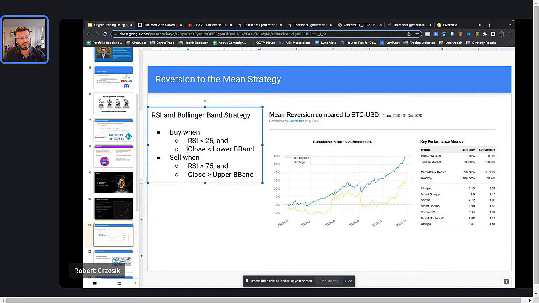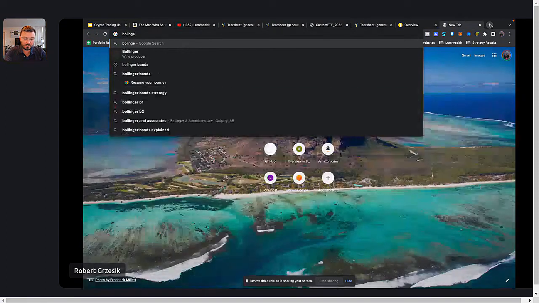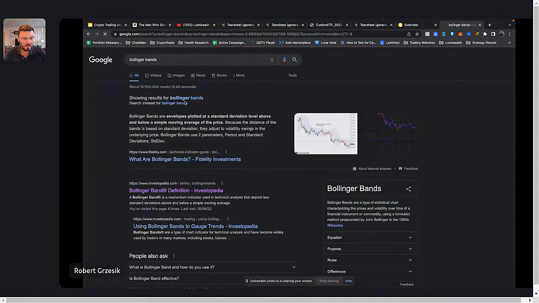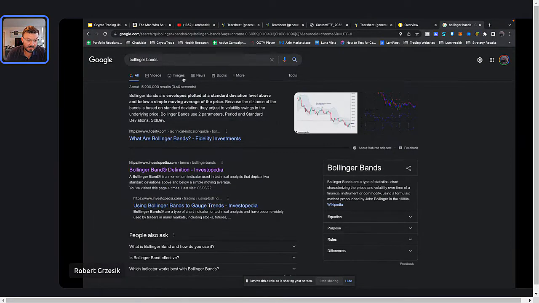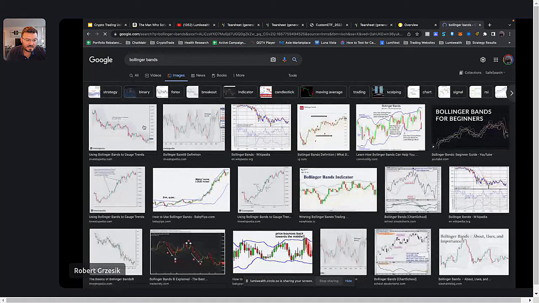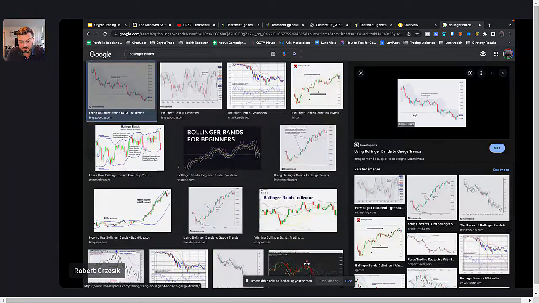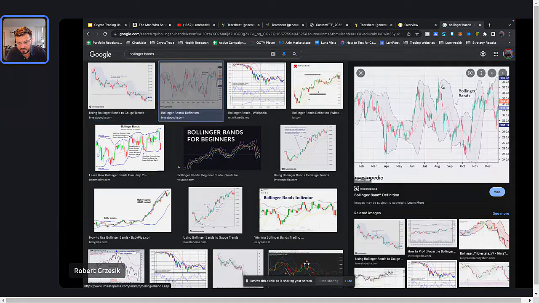And then we're also checking if the closing price is lower than the lower Bollinger Band. And again, if you don't know what Bollinger Bands are, this is kind of what they look like. This is a better representation here. Basically, you run a moving average through the middle of your stock, and then you put a standard deviation around it, and you end up having this looking thing.